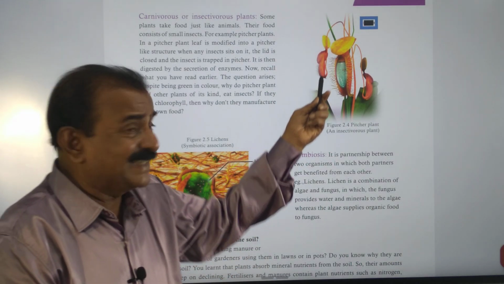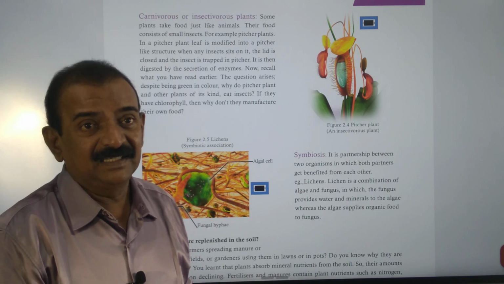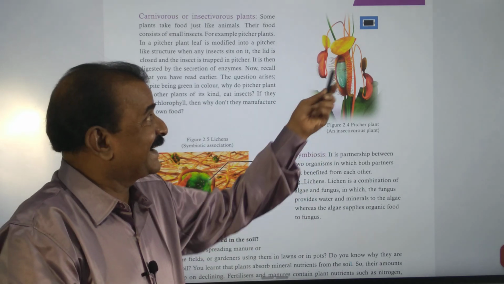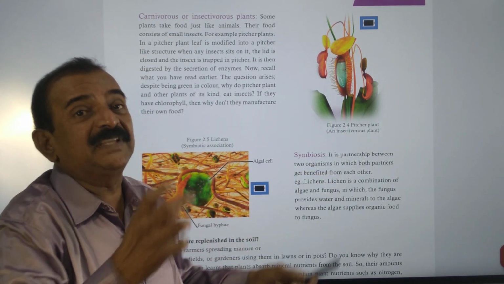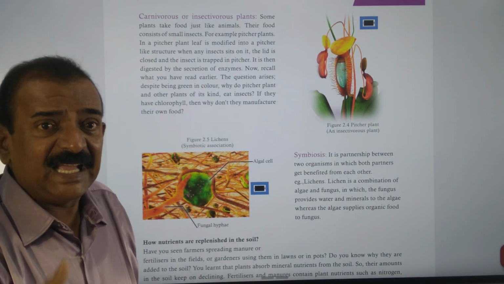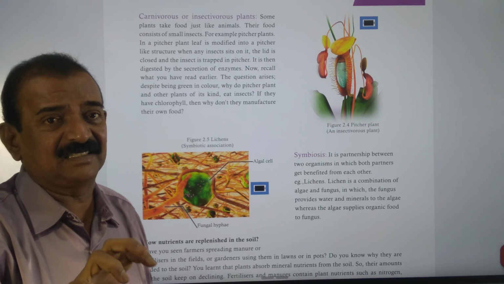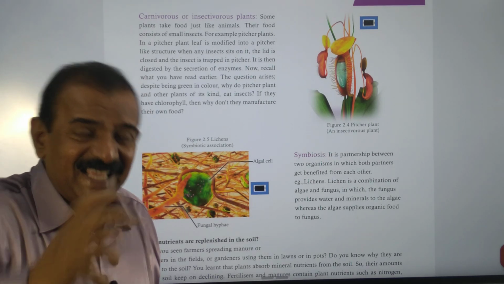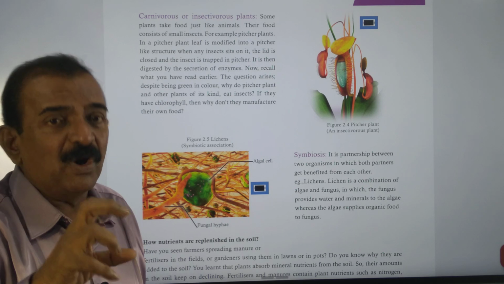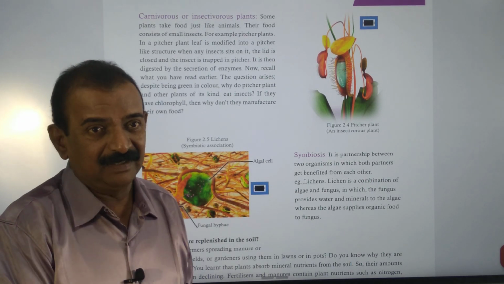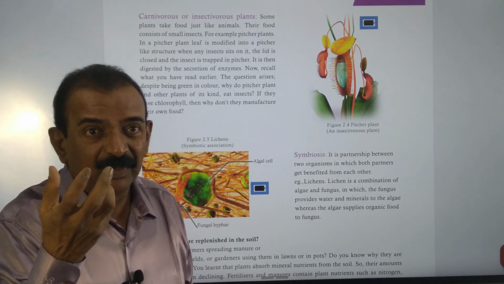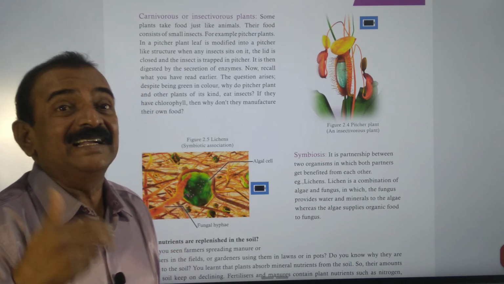It attracts small insects, which are trapped when they enter the pitcher. The pitcher contains some liquid that kills the insect and digests its body parts, and thereby the plant gets nitrogen from the digested part of that dead organism.